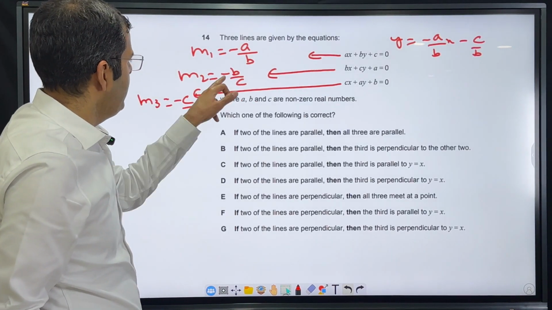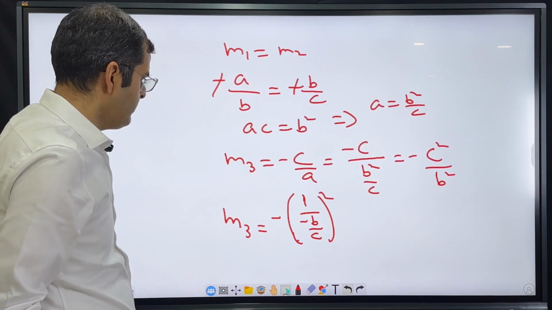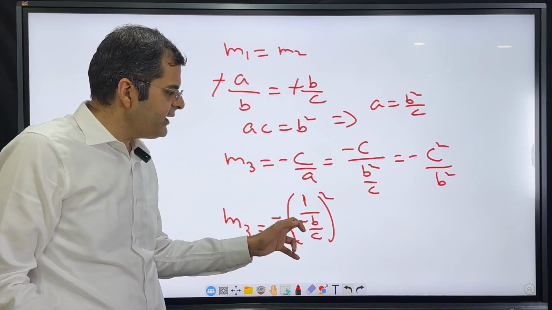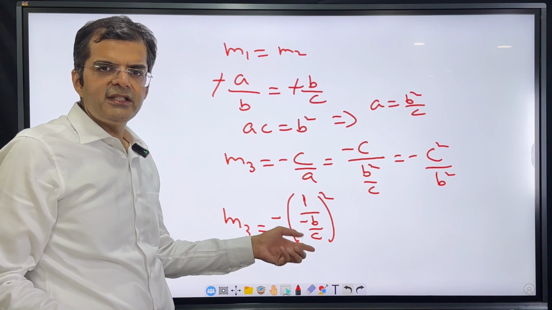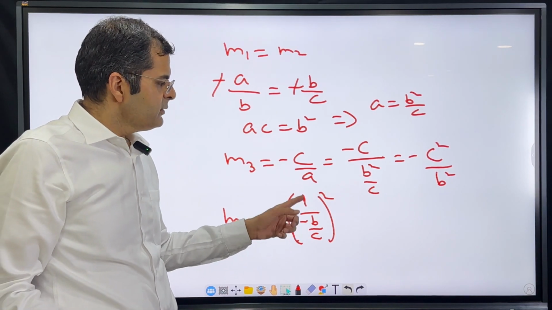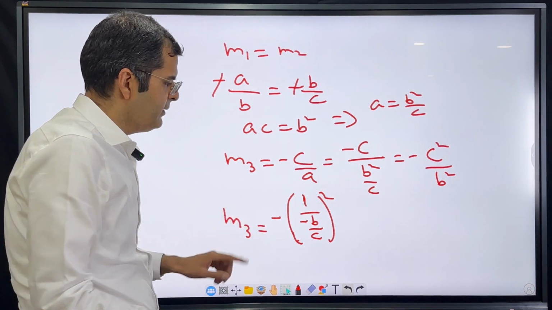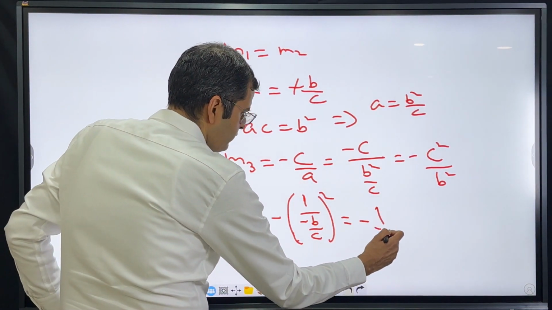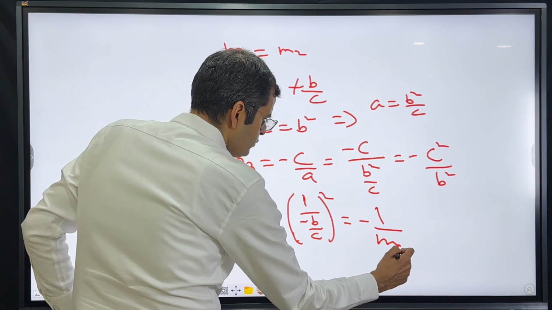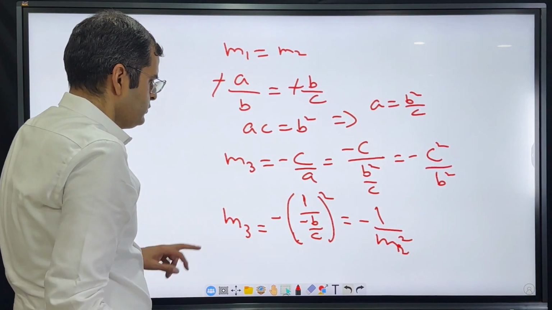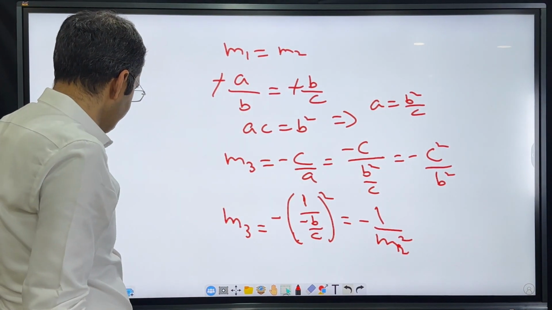Because I have m2 as minus B by C, and when you square it, it becomes B square by C square in the denominator. So 1 upon B square by C square is C square by B square, and I have a negative sign here. So this is nothing but minus 1 upon m2 square. So m3 is equal to minus 1 upon m2 square.